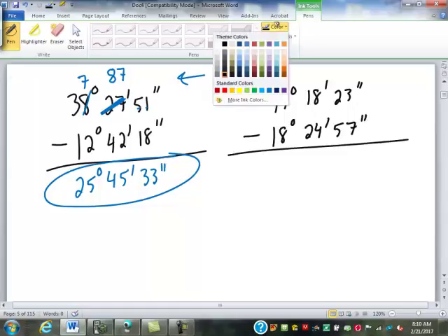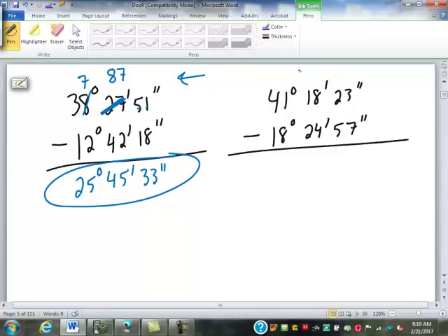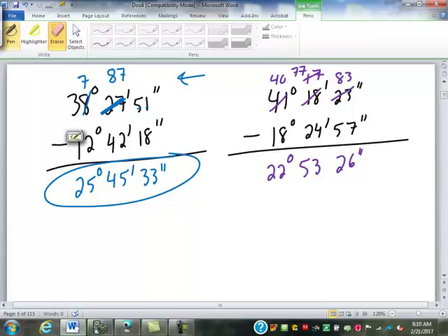So try this one on your calculator, see if you can get it to work out before I get done with it. 22 degrees, 53 minutes, 26 seconds.